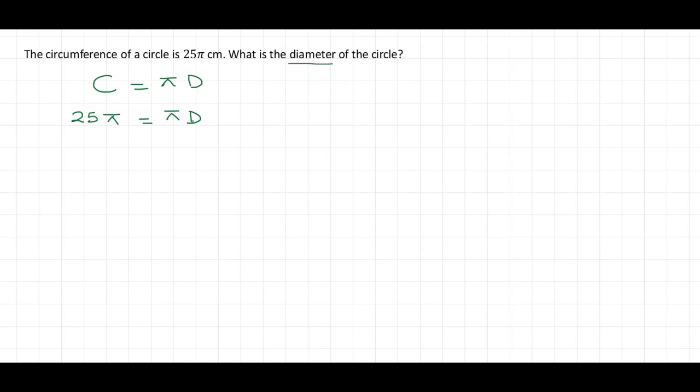So we need to isolate d, so we're going to divide both sides by pi to get the value of the diameter. So now, when we cross this out, we're going to cross out pi because we're trying to isolate d, and so therefore our diameter is 25 centimeters.